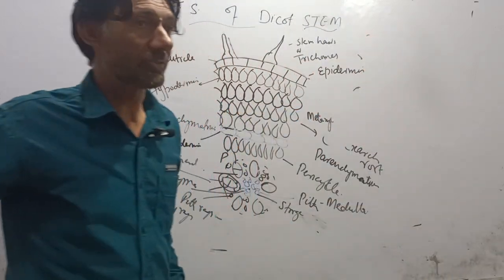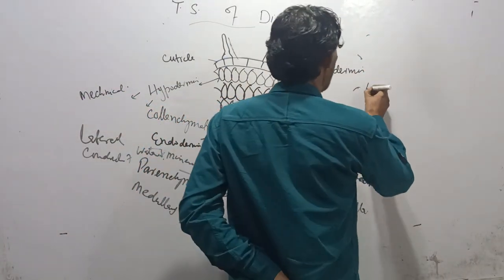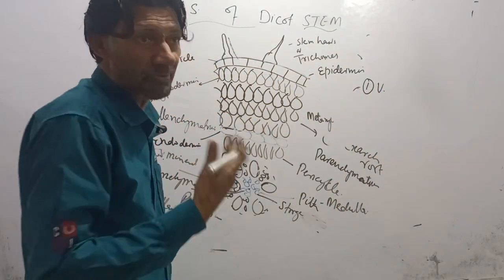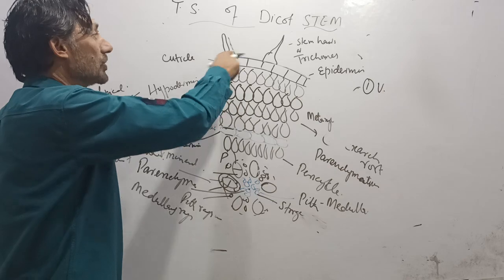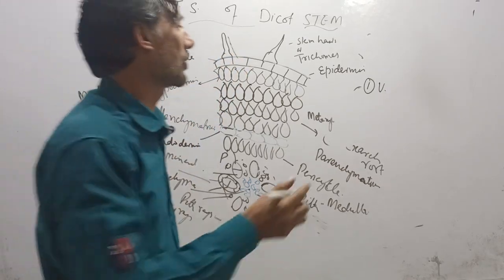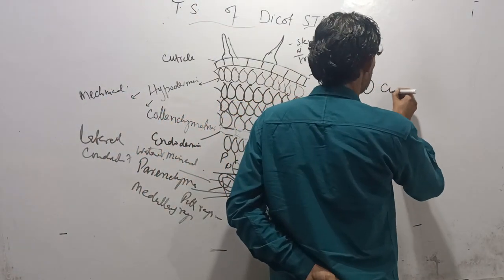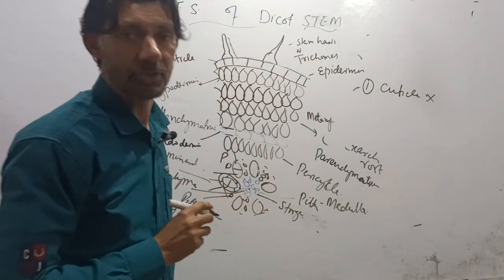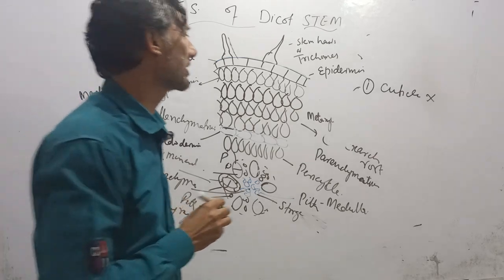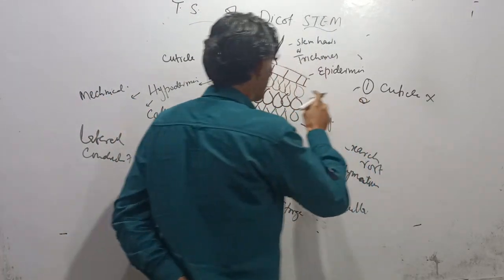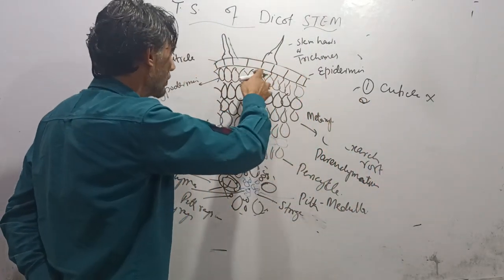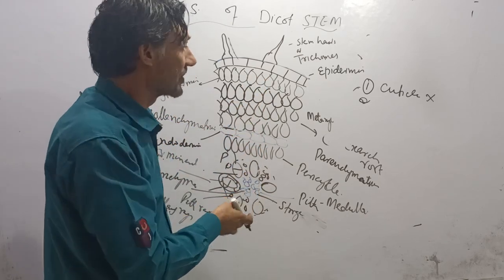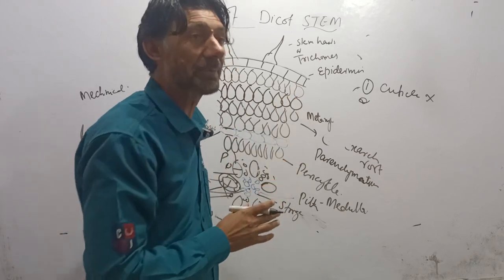In a monocot, the cuticle is absent. Number two: in the dicot we have epidermis, hypodermis, cortex, endodermis, pericycle and so on, so the ground tissue is well differentiated.